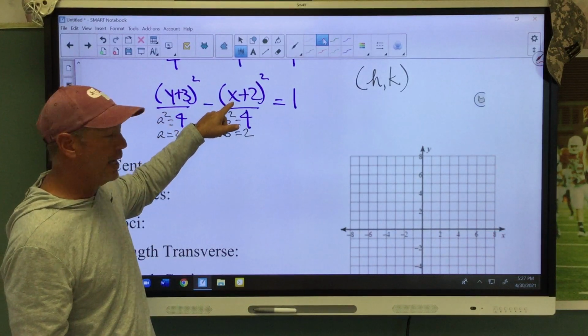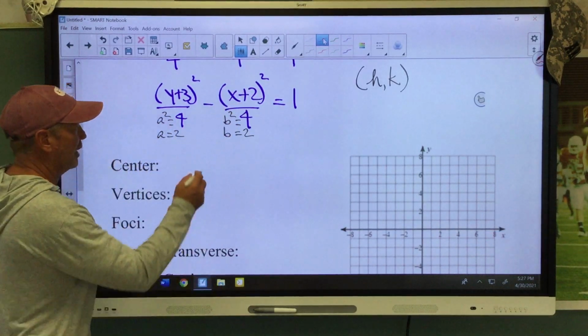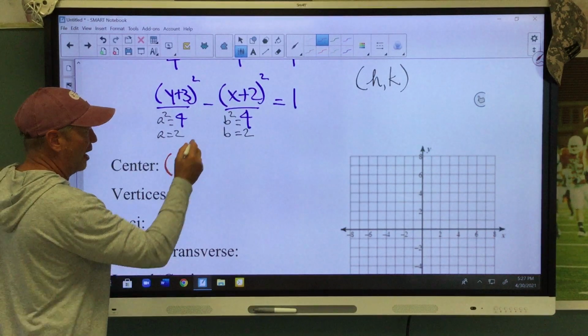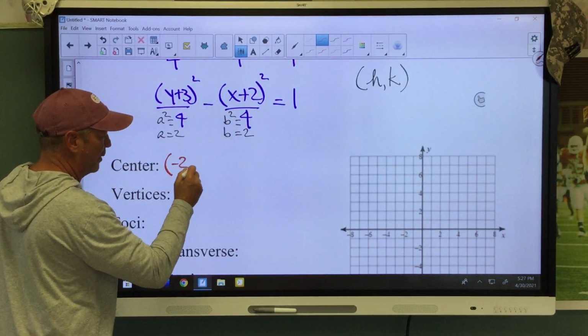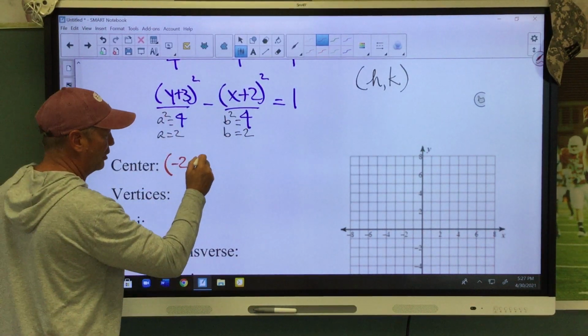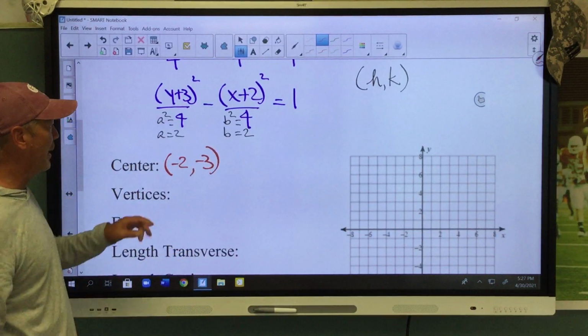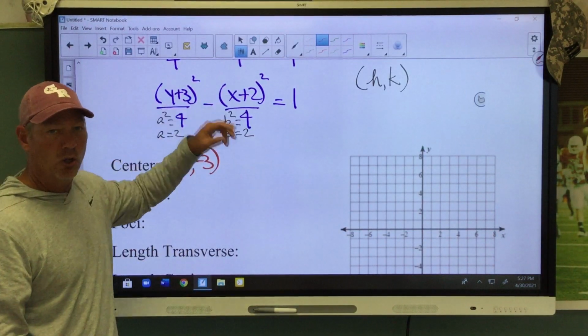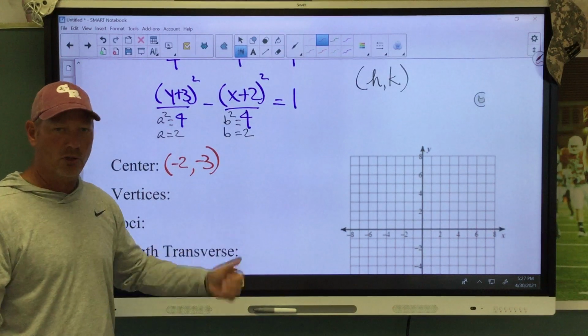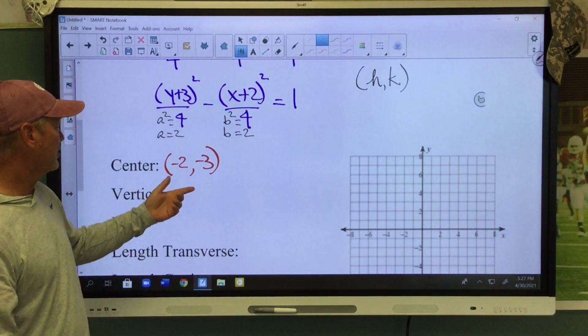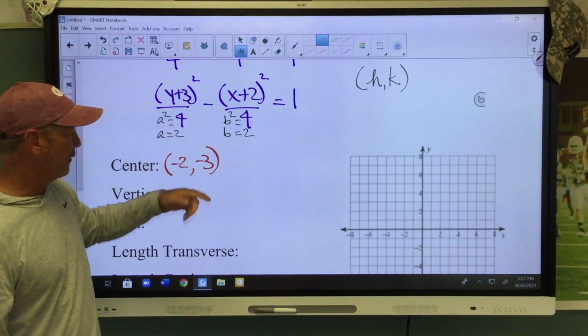But look where this is located. You have to be careful. This, when you take the opposite, should come here. When you take the opposite, this should be here. Make sure you're paying attention to where the x and the y are located so you can write your center correctly. All right, so you have a -2 comma -3.